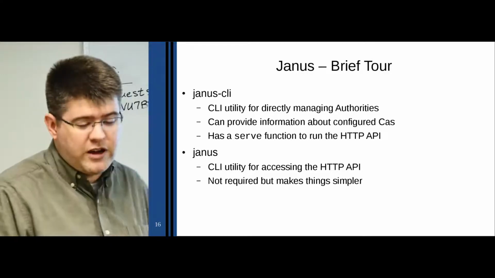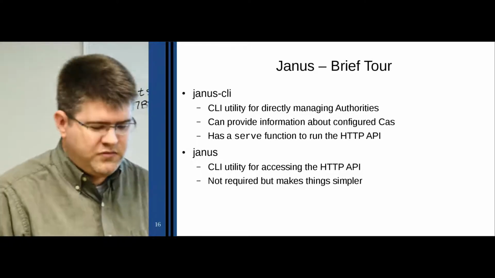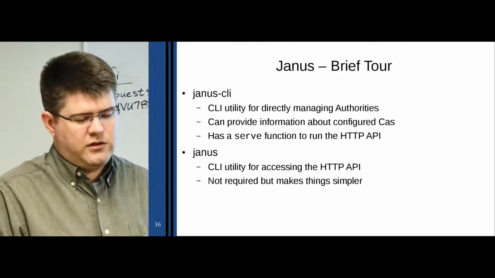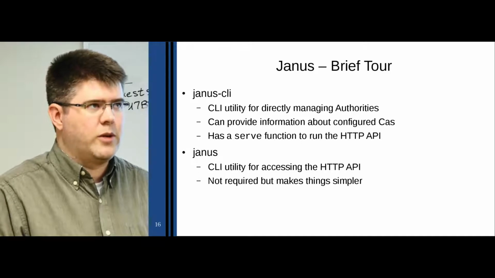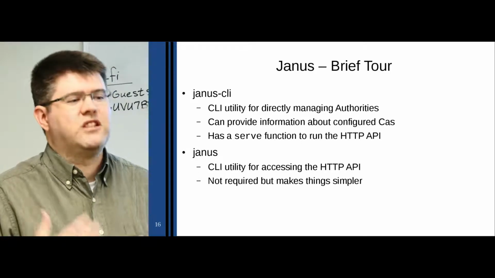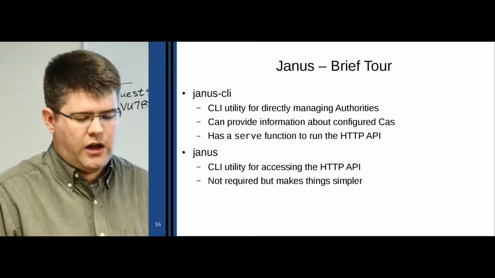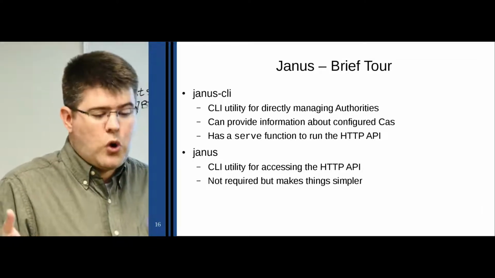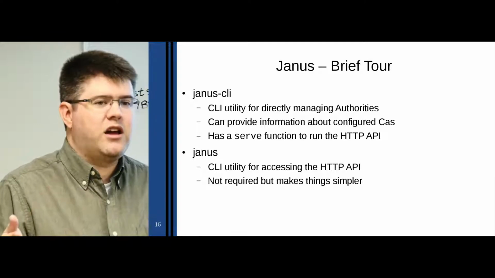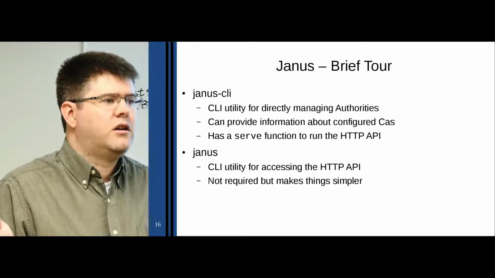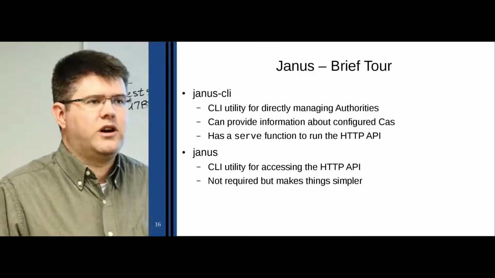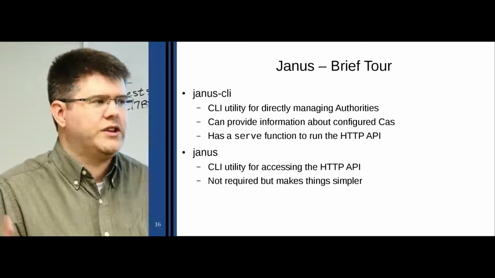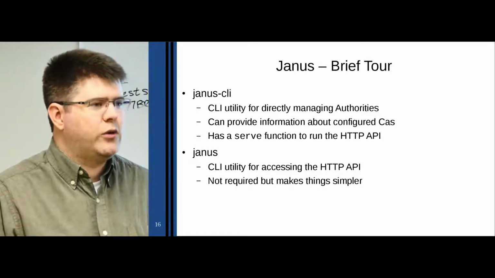So anyways, it can provide information about the different CAs, etc. Then there's just the Janus command, which is a command line REST client to the Janus server. It's not required. The API is just JSON with basic auth and whatnot so far, so you could make requests from any language that you choose.